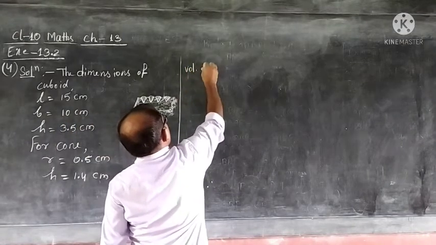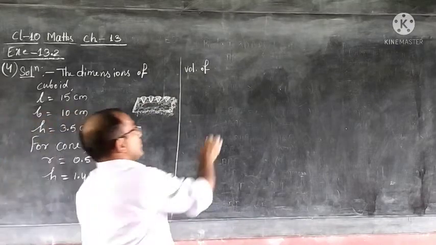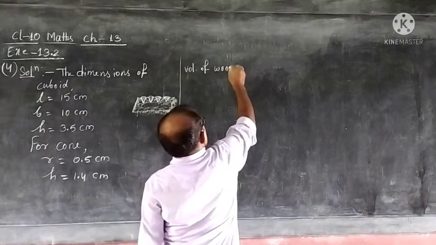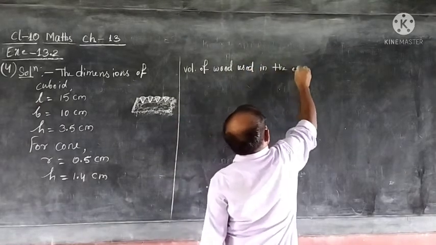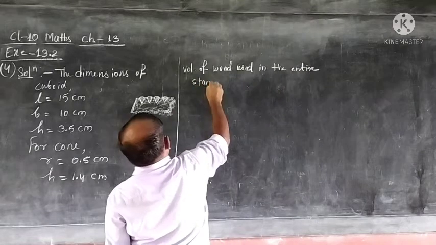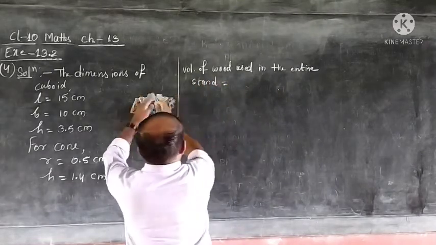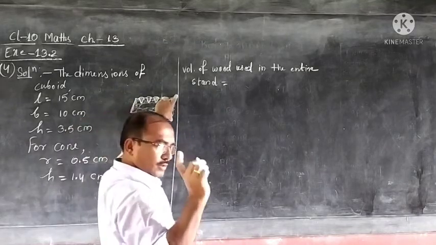Volume of wood used in the entire pen stand. What will be? First of all, the whole volume of the structure, that stand, that is cuboid.